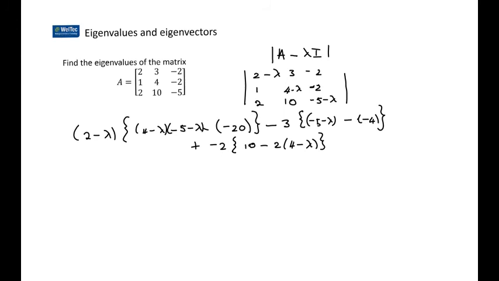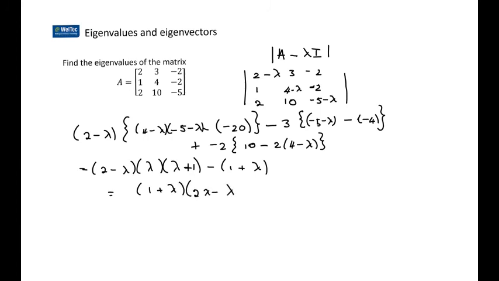And if we deal with all of that, then we're going to get 2 minus lambda times lambda plus 1 minus 1 plus lambda, and if we deal with that, we will get 1 plus lambda times 2 lambda minus lambda squared minus 1, and even further we can factorize it to that.